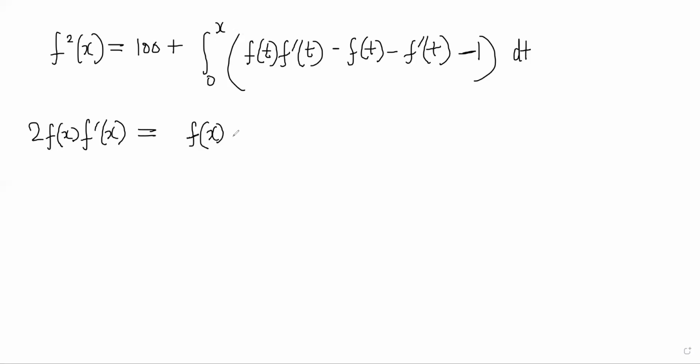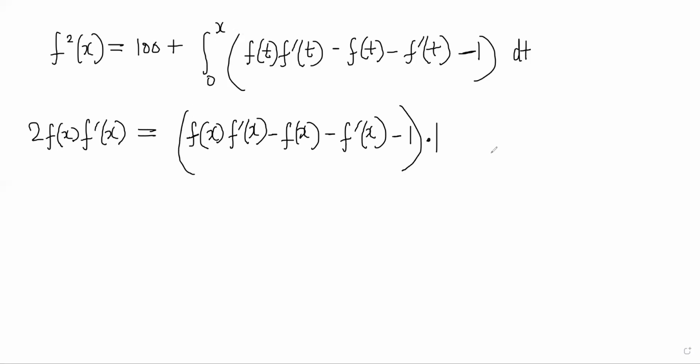First we put x into the function itself, right? f of x f dash x minus f of x minus f dash x minus 1. Then multiply with the derivative of the upper limit, multiplied by 1. The second part will be the function at 0 multiplied by the derivative of 0, which is 0. So it is gone.